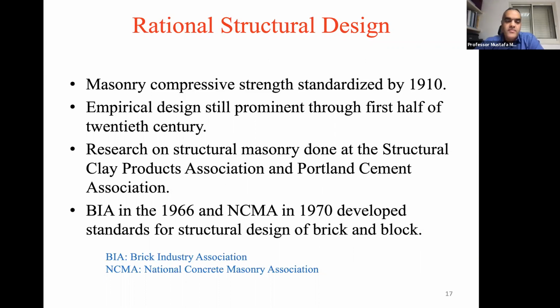So we have the BIA, the Brick Industry Association, established in 1966, and we have the NCMA, the National Concrete Masonry Association, in 1970. Those developed standards for structural design for brick and blocks.